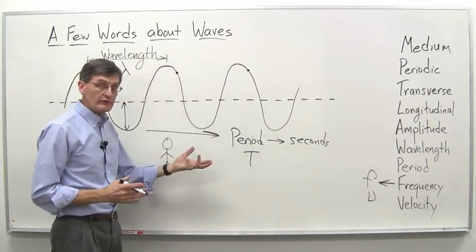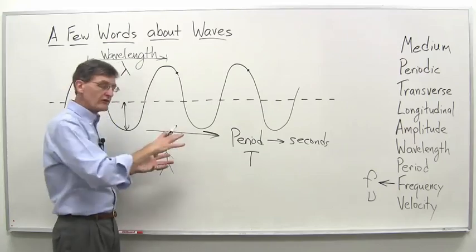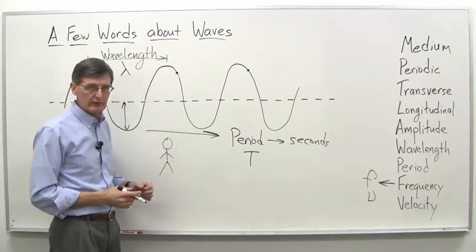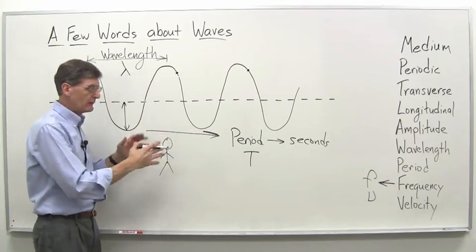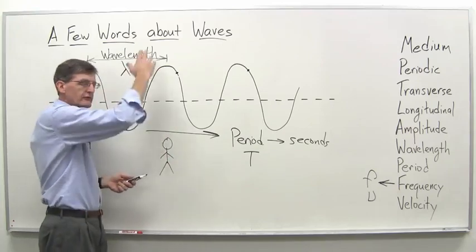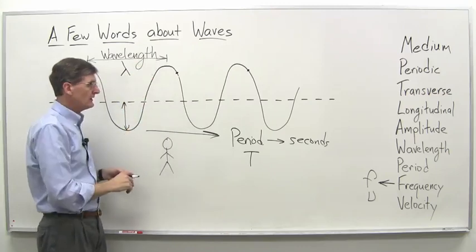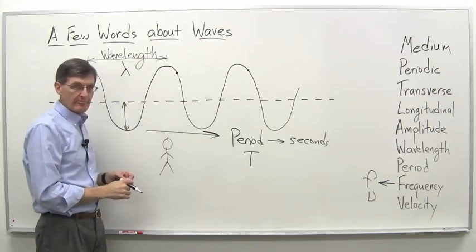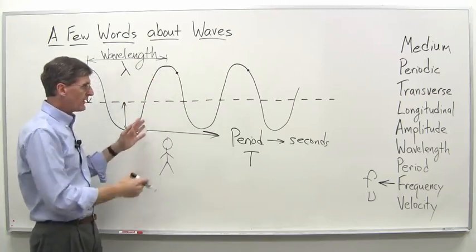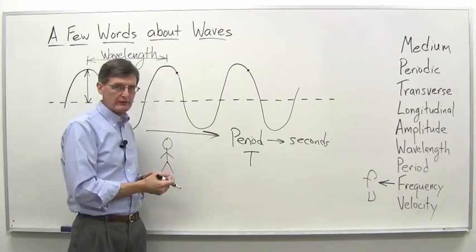And it turns out, if you think a minute here, there's a relationship between period and frequency. Okay? Let's think about that a minute. So we said the frequency is how many up and down motions we get, how many oscillations we get in 1 second. Okay? The period is how long it takes between peaks.